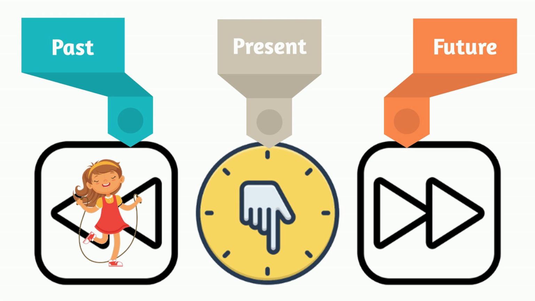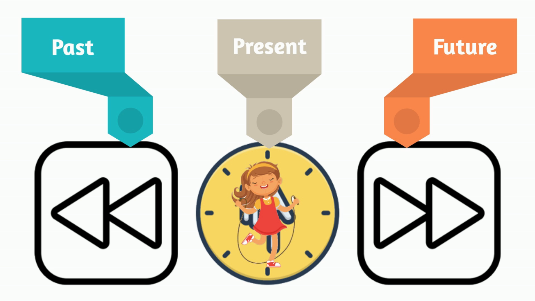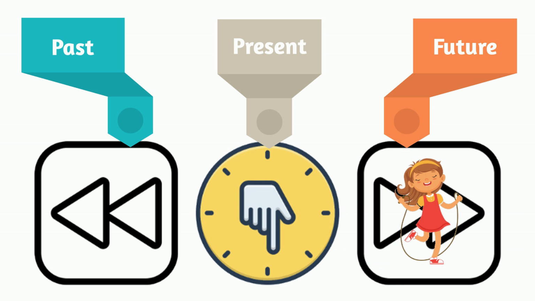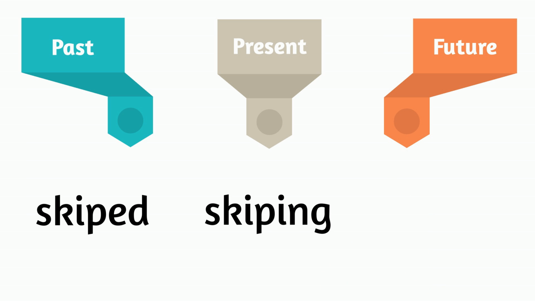Here is another example. In the past, I skipped. In the present, I am skipping. And in the future, I will skip. Adding the suffix ed and ing to the word skip will not work in this case because they will read skyped and skyping.